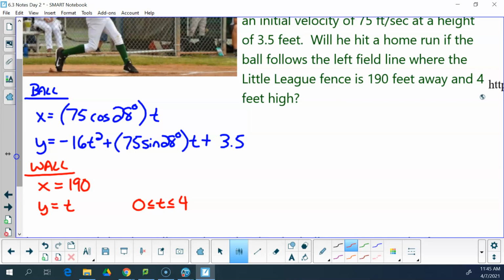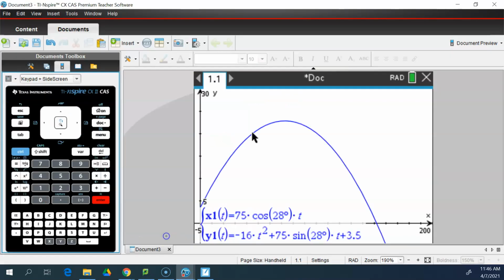If I put 0.5t as my y value, I'd have to run my t up to 8 to get to a 4-foot high wall. If I make it 8t, I'd have to run it to 0.5. Okay? So now we can input that one onto the same graph.